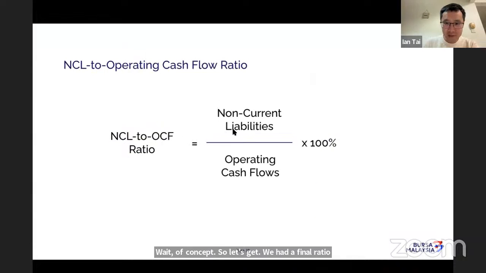So now here's the thing. Just now I mentioned 1 million, right? So let's say 1 million is my non-current liability, and my operating cash flow, I make 50,000 every single month. So every year I make 600,000. My total debt is 1 million.